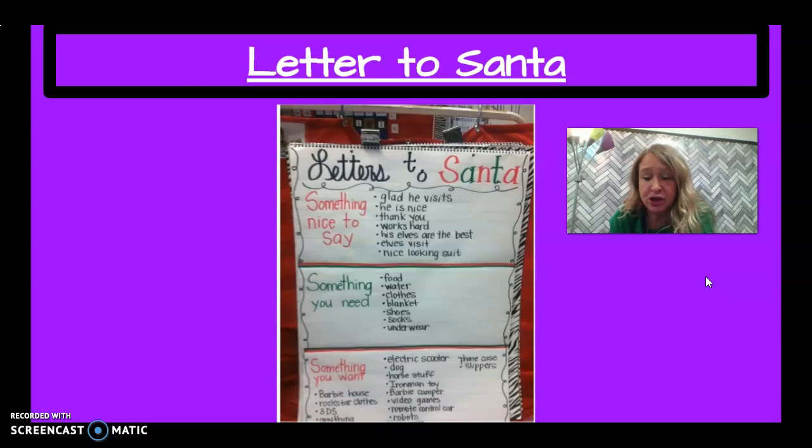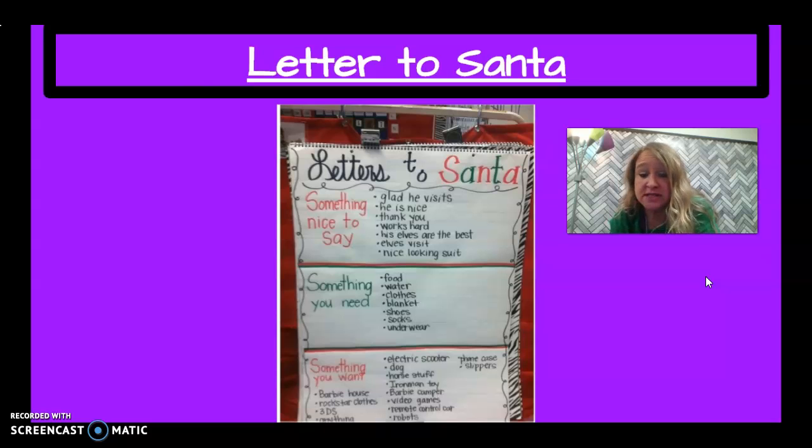So some things that you might want to have: a Barbie house, rocks, a PS2, electric scooter, a dog, a turtle, slippers, video games, Barbie computer.